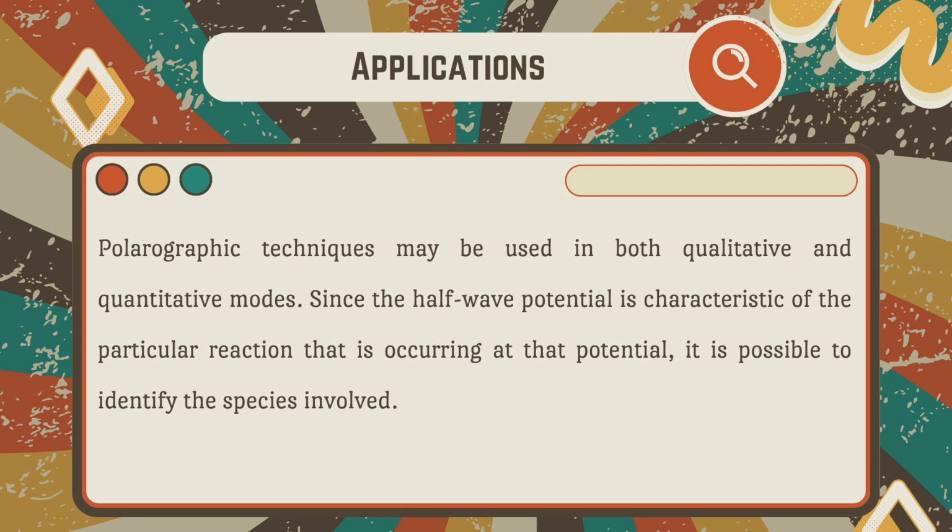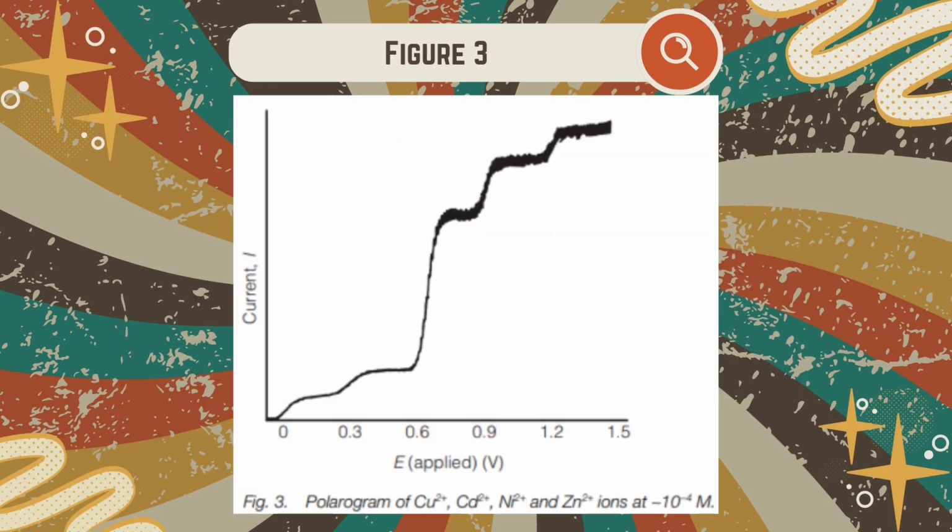Polarographic techniques may be used in both qualitative and quantitative modes. Since the half-wave potential is characteristic of the particular reaction that is occurring at the potential, it is possible to identify the species involved. A simple case is shown in Figure 3, where a mixture of metal ions was analyzed.